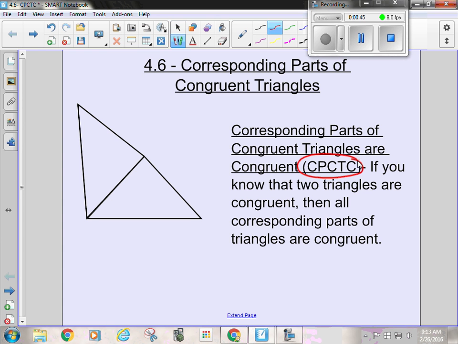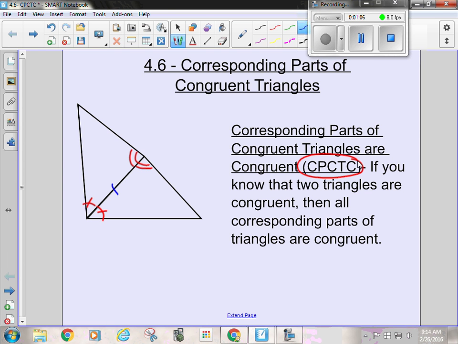So let's say that I give you that these two angles are congruent, and I give you that these two angles are congruent. Okay, so if we look here, we can do a little inferring. We can see that they share this side. So if they share a side, then we know it is congruent to itself.